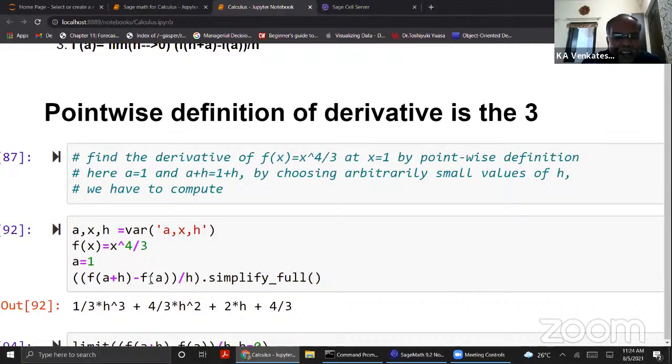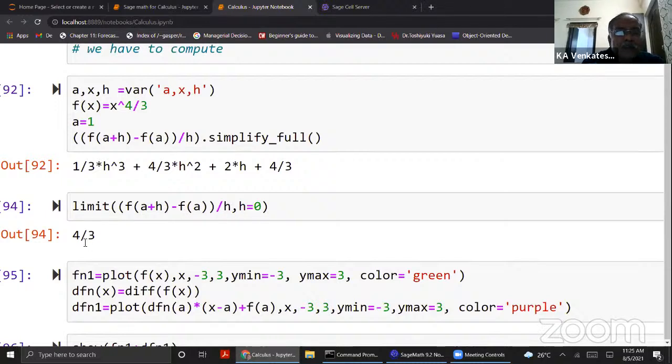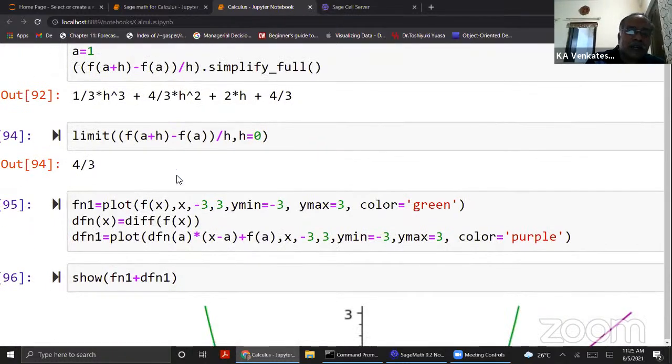So look at this, (f(a + h) - f(a))/h, simplified fully, gives the expansion of the entire value, that is h^3/3 + 4/3 h^2 + 2x + 3. Now if you apply the limit h tends to 0, you will get 4/3. So both ways, either you can do the pointwise definition table way, or what we do normally in the classroom, the same way you can do that.